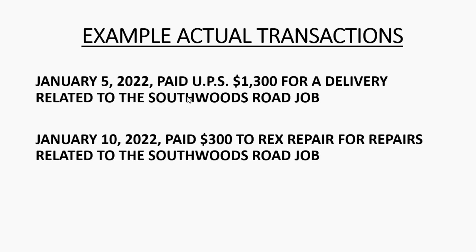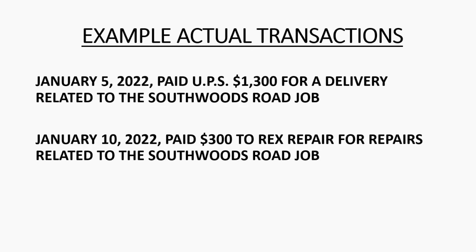And I'm going to enter a January 10th $300 repair job to the same Southwoods Road, just because I don't want to waste time on video and we already know how to enter these things. But if you pause the video to enter them, make sure you're entering the right date and amount so it goes into the right section of the budget in order to properly compare budget versus actual. So I'm pausing the video now and entering these two.